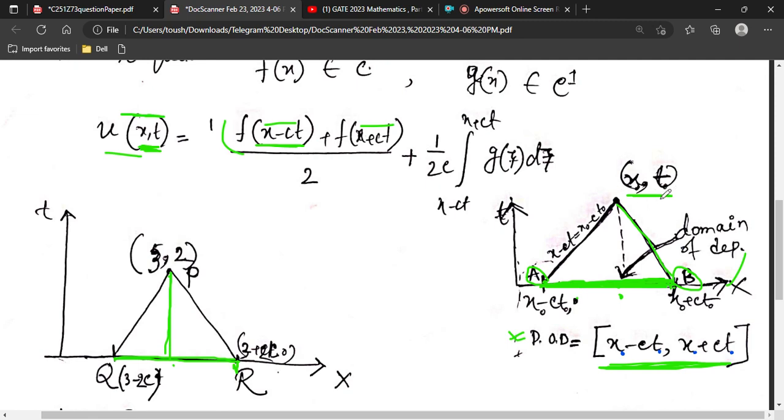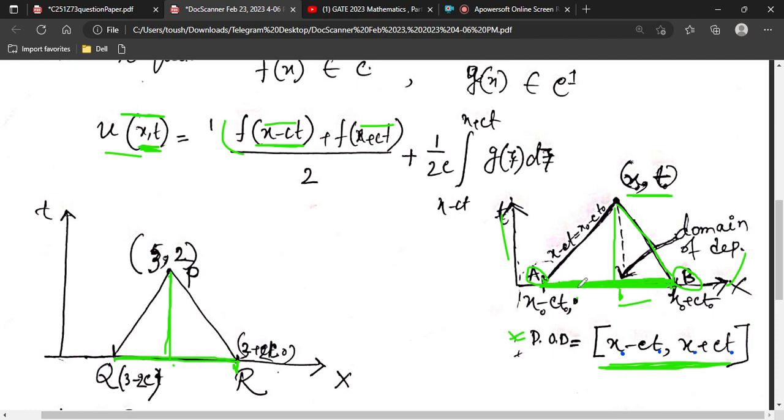If this is your point (x naught, t naught), then this point will be (x naught, 0), because this is your t axis and this is your x axis. On the x axis t is 0, so here will be your point (x naught, 0). Now the domain of dependence is from x naught minus c t naught to x naught plus c t naught.